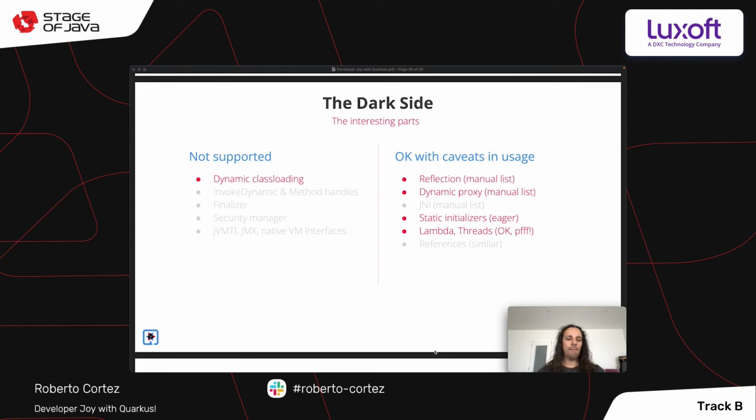So if you will support things like this, or other things like reflection or dynamic proxying, which are indeed supported, but you require a manual list of things that you need, instead of just building a native executable that only contains what it requires, then you will have to build a native executable which pretty much contains all the JVM, all your libraries, because the native executable will never guess and will never know what is going to be required at each point, right?